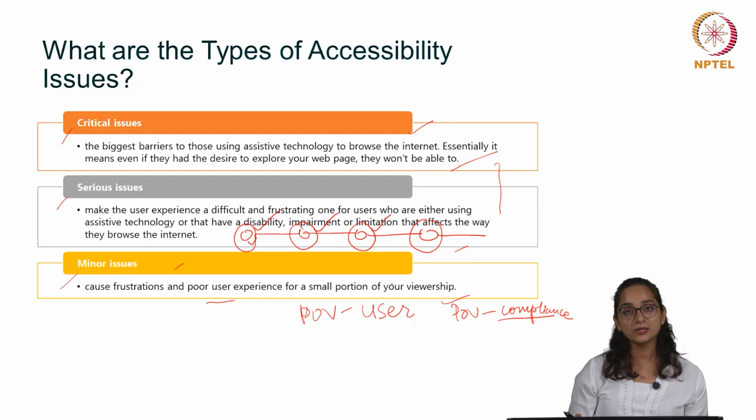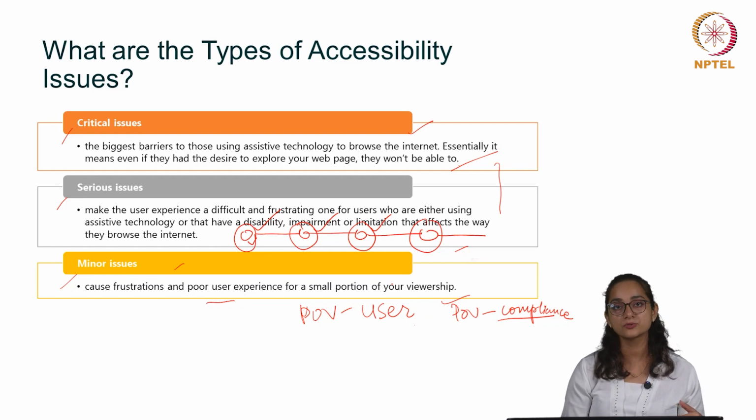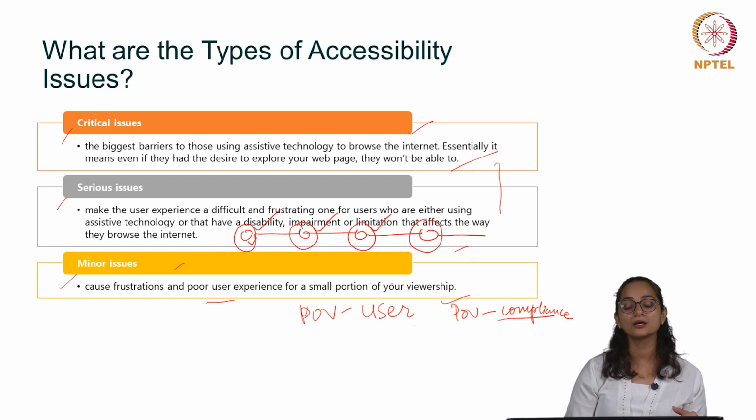And as we'll progress in the course, we will dive into more details about how we can make various interfaces more accessible, what are the different kinds of assistive technologies which are emerging in the domain, what are the different kinds of guidelines, compliance guidelines, accessibility guidelines, what are the mandates around the world and in India.